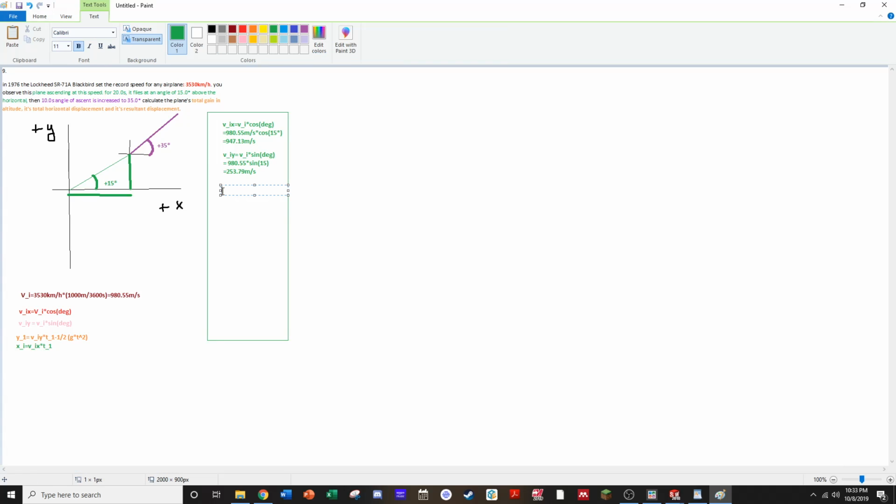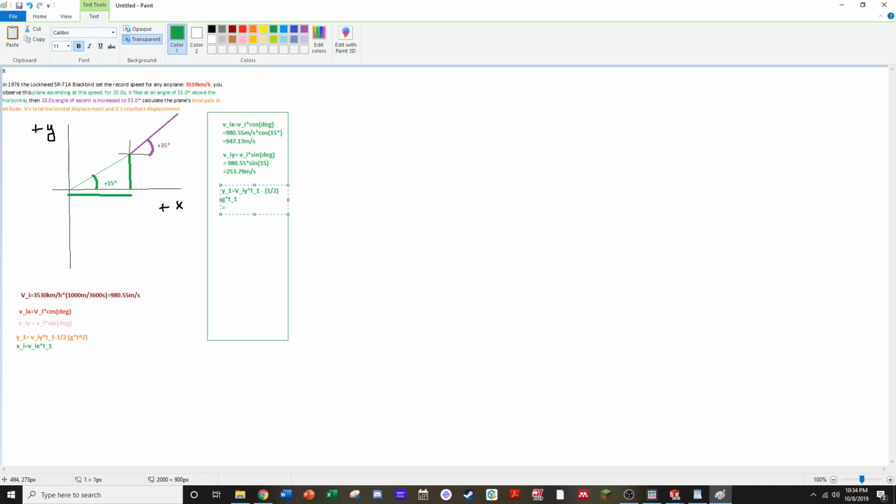And now we're going to figure out the actual displacement. So in the initial y direction, y1 equals v, the initial velocity in the y direction, times the time, minus 1/2 gravity times the time squared.